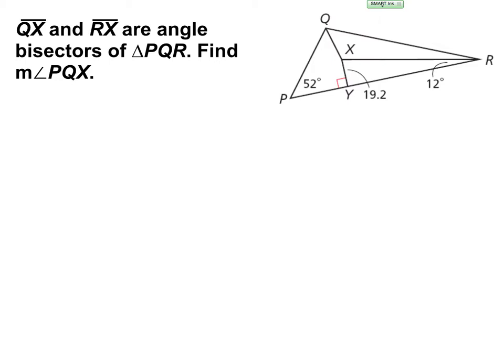And with your partner, you can discuss that. What? Let's see, QX and RX are angle bisectors. Or I mean, X is, I don't know. Okay, so X, Y, so then QX would be 19.2, right? Okay, what are we doing? We're doing the angle.